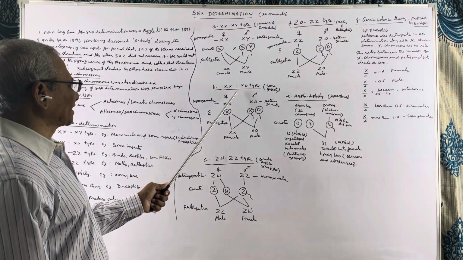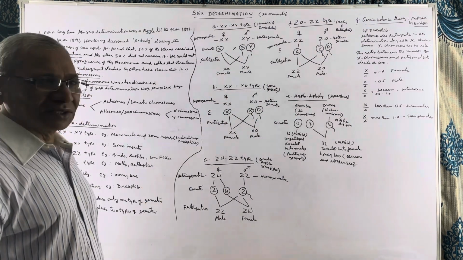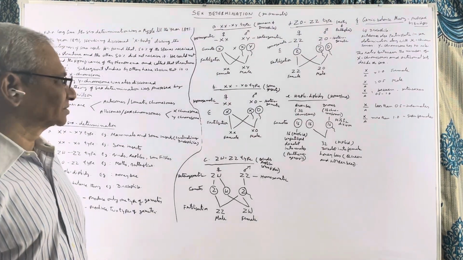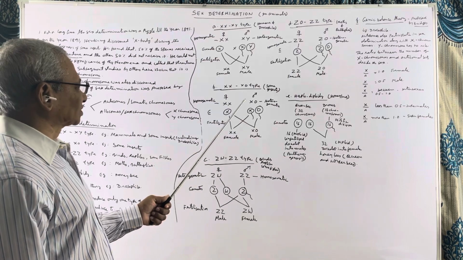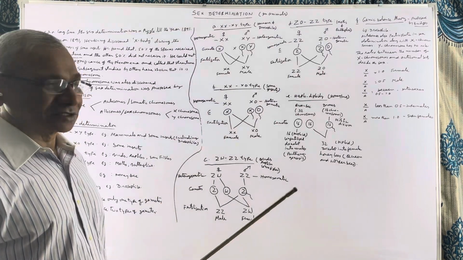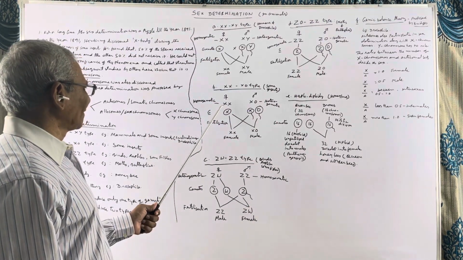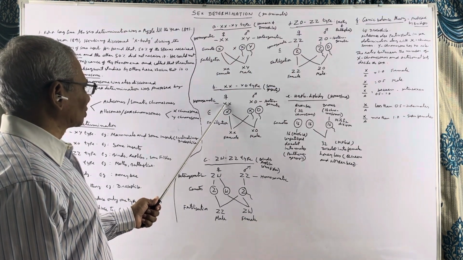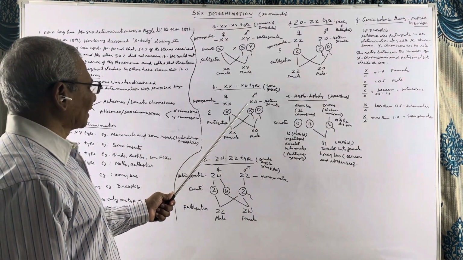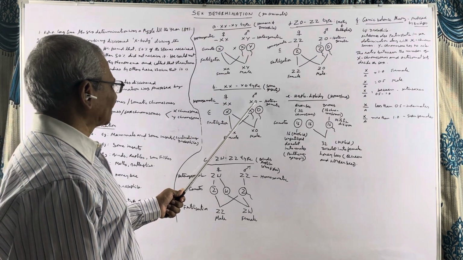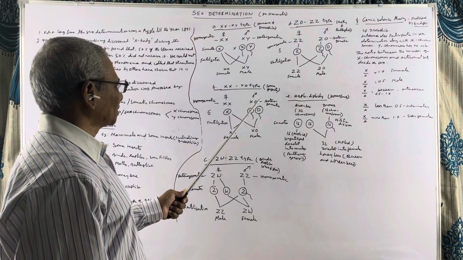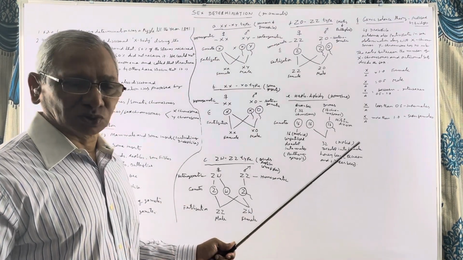The second one, XX-XO type. This type of sex determination is found in some insects, which was studied by Henking. So here, the female insects are having sex chromosomes XX, and male insects are having the sex chromosomes only one X. O means there is no second sex chromosome.